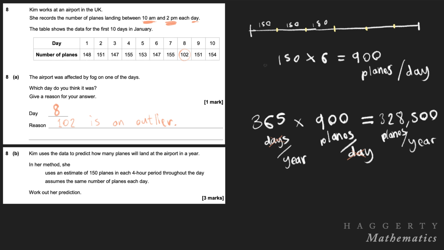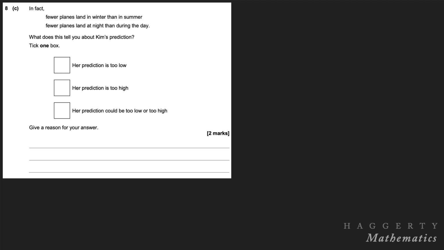So it's a bit of a silly assumption to assume the number of planes landing is going to be the same at all periods throughout the day. And this is probably one of the busiest periods of the day for any airport. So assuming 150 planes for every 4 hours, you get a massive 328,500 planes per year. But obviously, that's probably a massive overestimate. So our prediction is going to be too high.